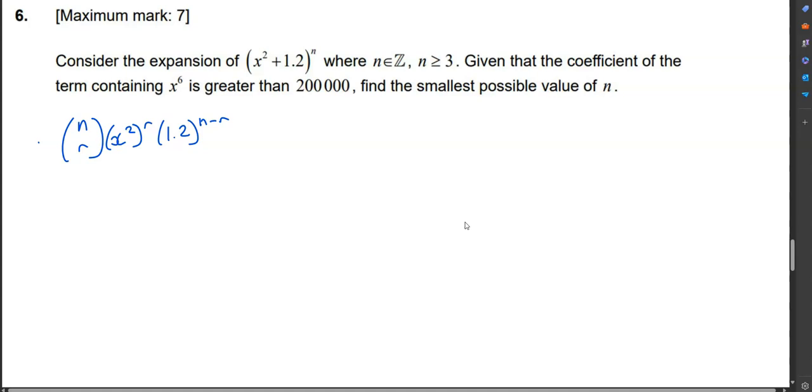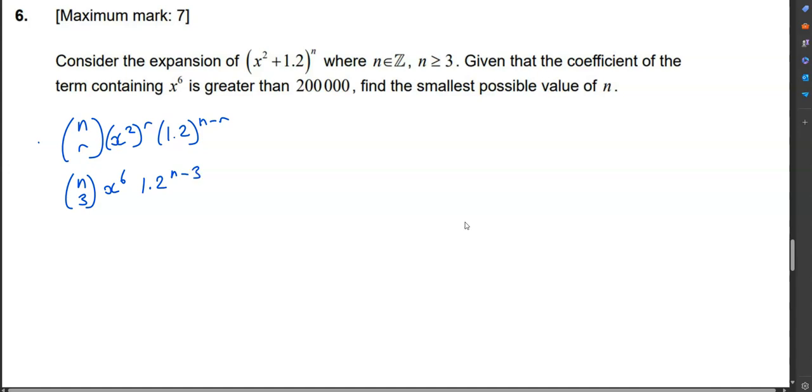Ugh. However, the good thing is that we know that r equals 3 here. So we can see that to get x to the power of 6, there's only one x term in the bracket. So it's really n choose 3, x squared to the 3, which is x to the 6, times 1.2 to the n minus 3.